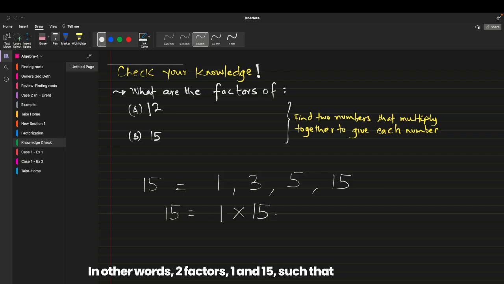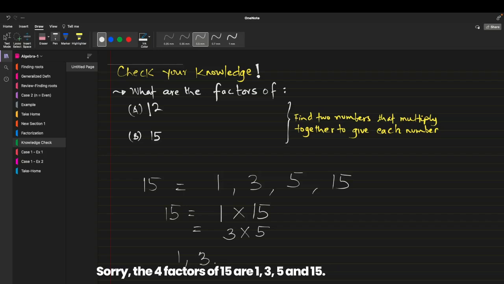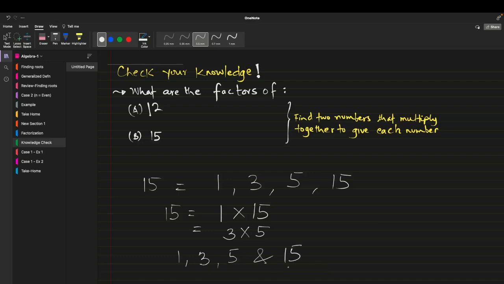In other words, 2 factors 1 and 15, such that when you multiply them together, it gives you 15. In the same vein, 15 can also be expressed as 3 times 5. So the 4 factors of 15 are 1, 3, 5, and 15.